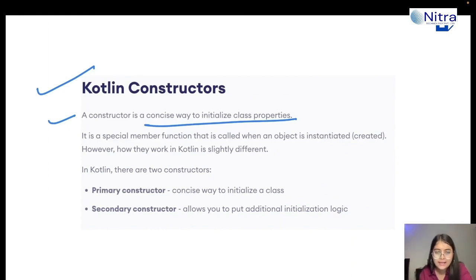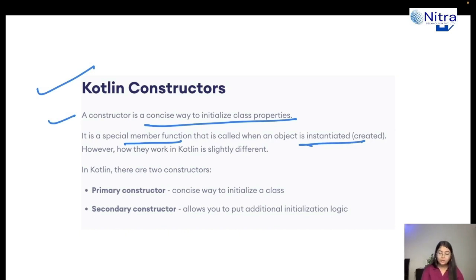Like I just now created the person class, and inside that I had properties like name, age, canVote, etc. So if I want to, let's say, initialize the values like name, age, and there can be multiple values, for those, constructors are very important. If anyone asks you what constructors are, they are very handy, a concise way to initialize the class properties. It is a special member function that is called when an object is created, when the object is instantiated.